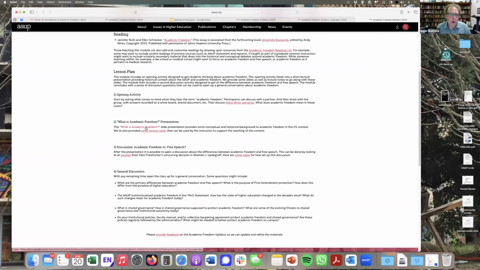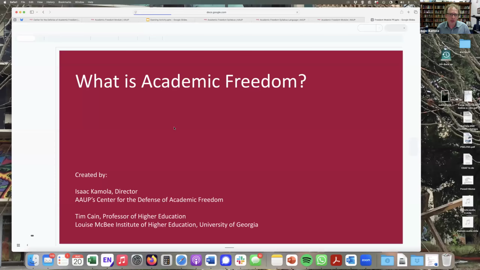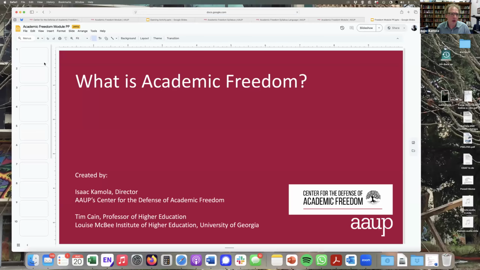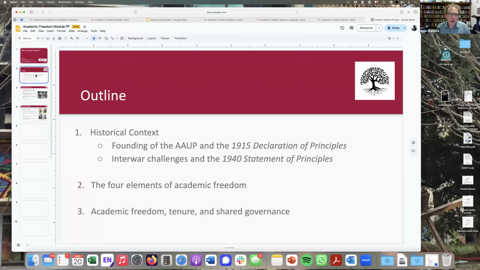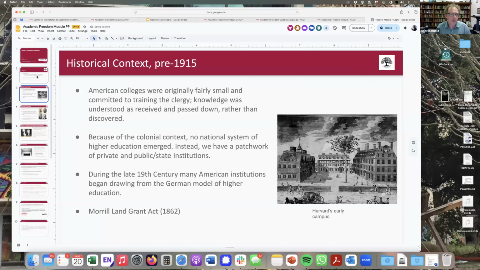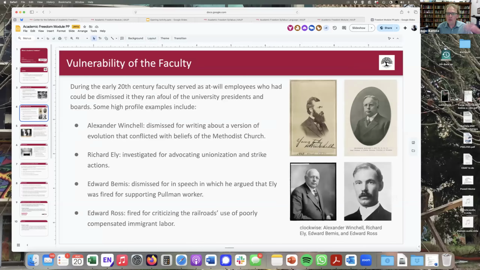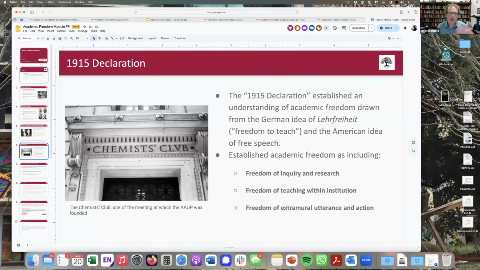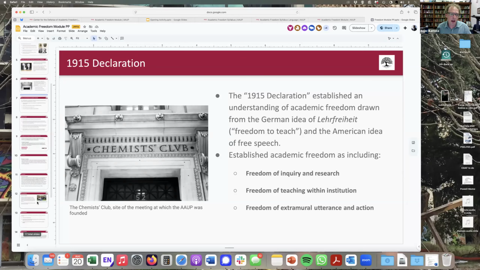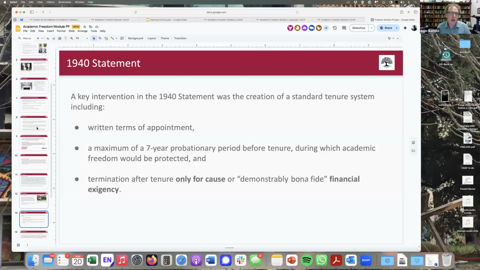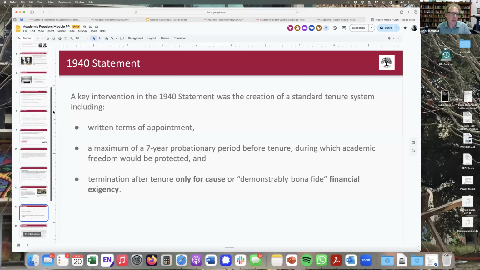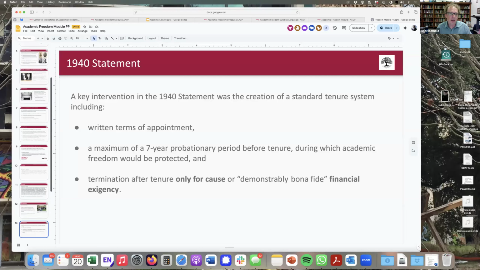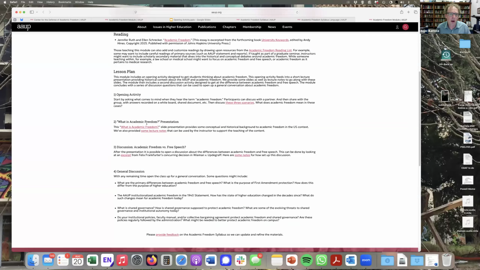But we've also included an academic freedom presentation, and this goes into the history of the AAUP, of academic freedom, the various important statements, how academic freedom comes to be conceptualized within the AAUP. It lays out that conceptual and historical context.